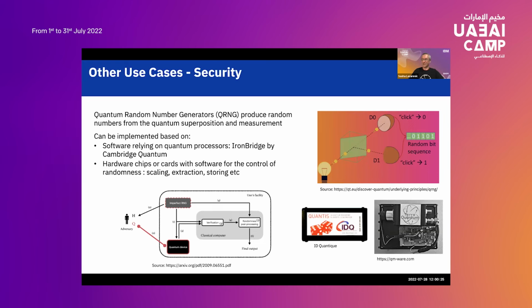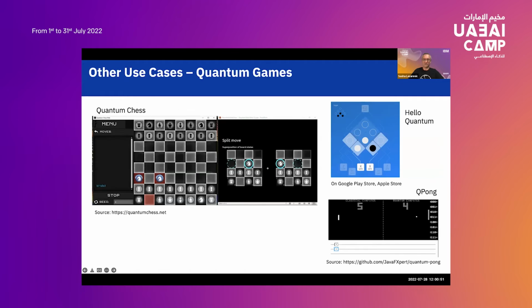You have seen that one state in a superposition can fall to 0 or fall to 1. If it is a perfect superposition, then the probability of 0 and 1 is 0.5. So you can generate this random sequence, convert it from binary into a decimal number, and then you have a random number. It's very simple to do, and it is a perfect random number. So for some use cases this is very important.